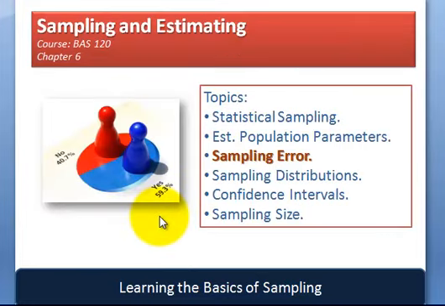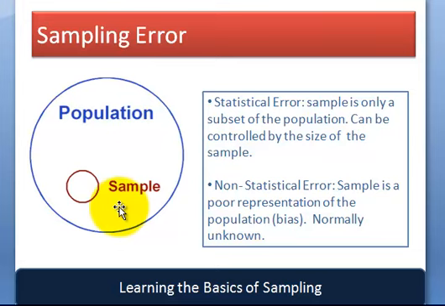Now, when we predict this population based on a sample, most likely we're going to be wrong. We're going to have some level of error. There are different types of errors, and we need to understand those types of errors. There are 2 types of errors. First type of error, statistical error. That's where we're going to be off simply because we're not surveying the entire population.